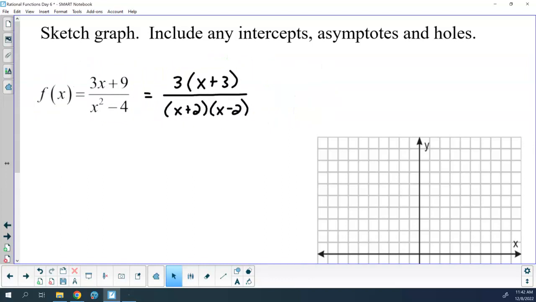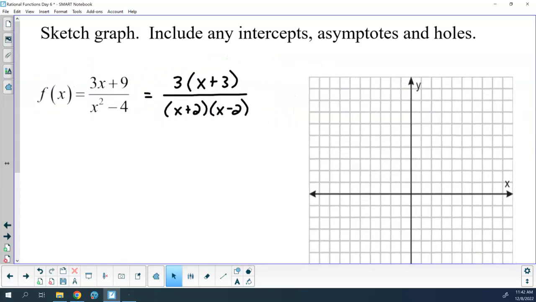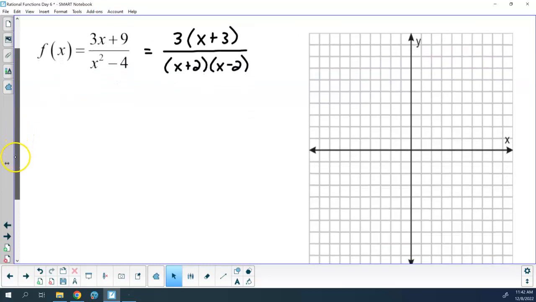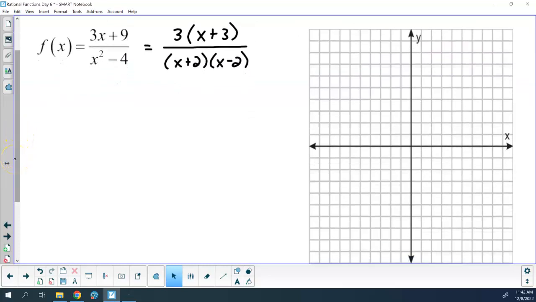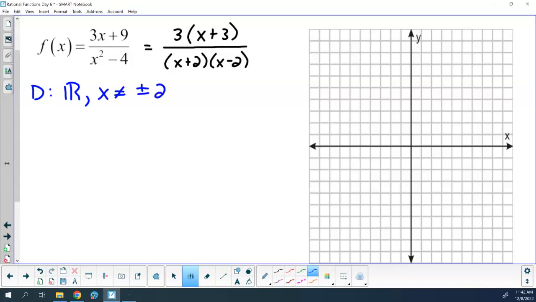No holes. So that means we can go on to step number 1. The domain of this function is going to be all real numbers except plus or minus 2. The vertical asymptotes for this function are going to be x equals 2 and x equals -2.